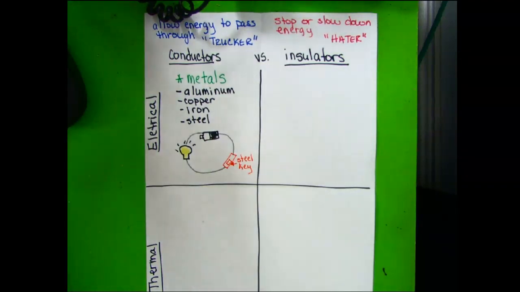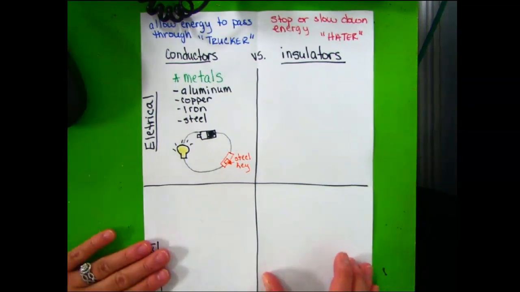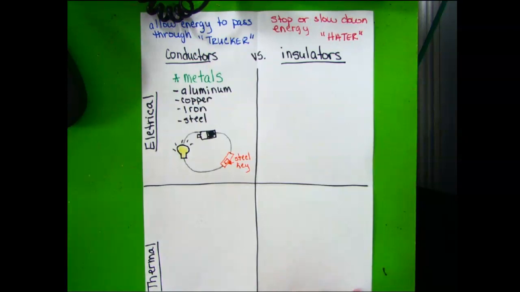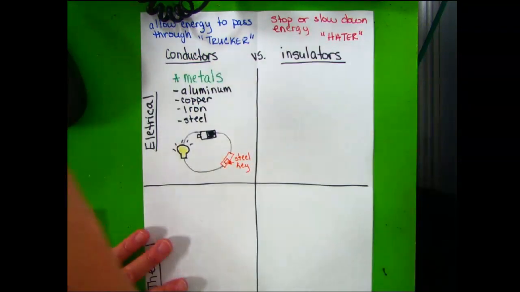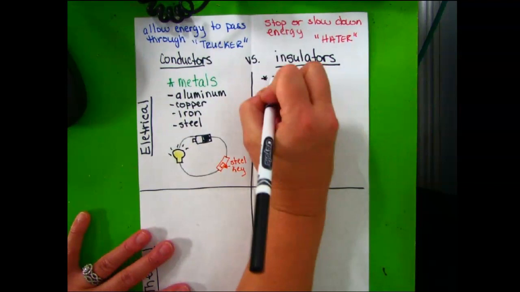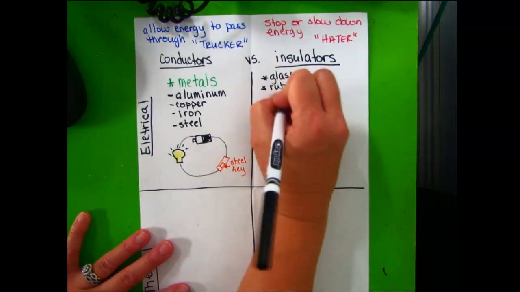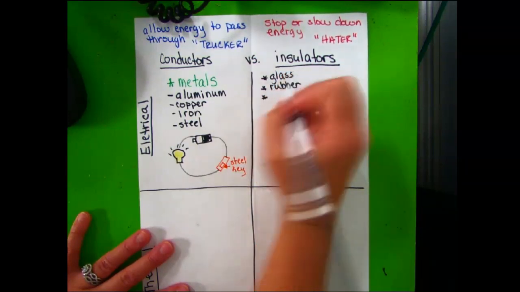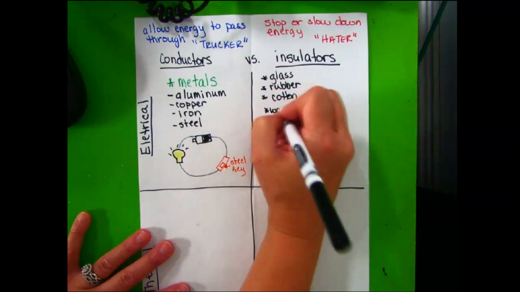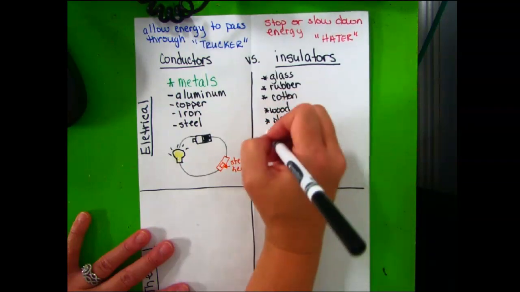All right. So electrical insulators, which do not allow electricity to go through easily, would be glass, rubber, cotton, wood, plastic, paper.